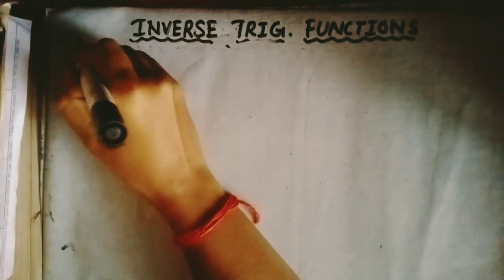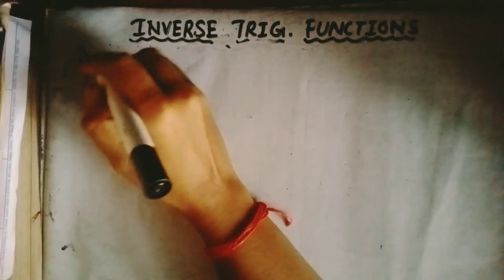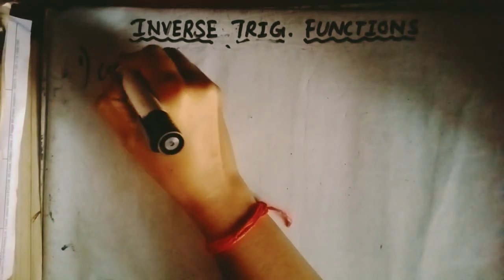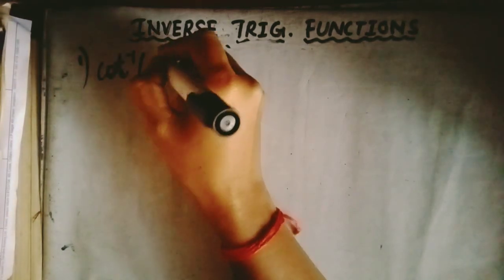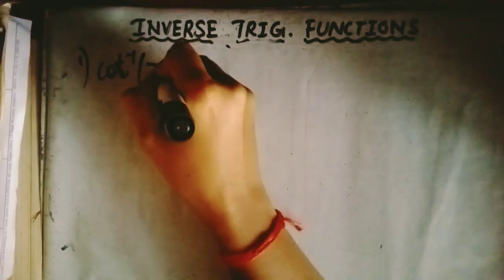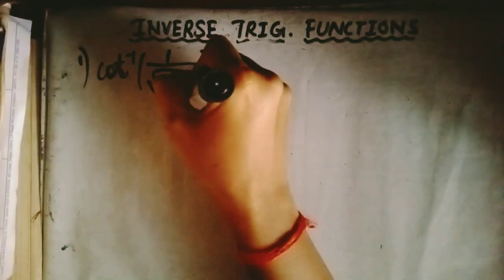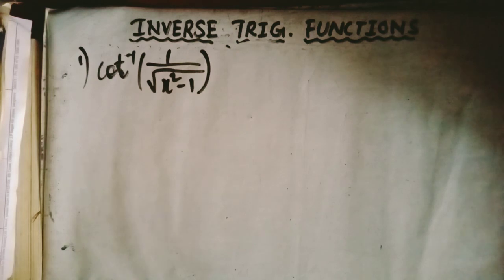Next question is, you have to write cot inverse of 1 upon root of x square minus 1 in the simplest form. Okay, so you have learnt about derivatives, right?